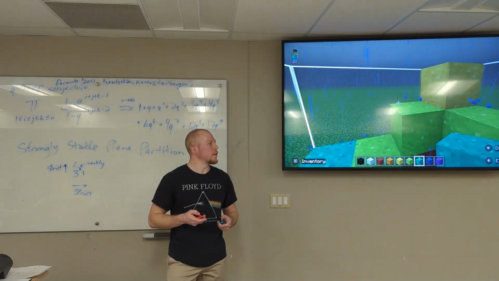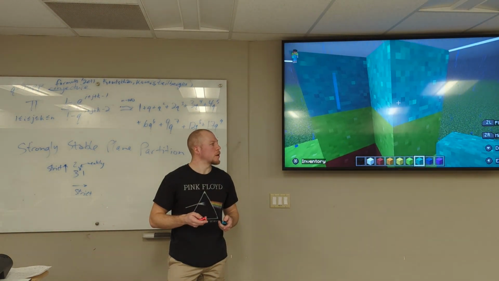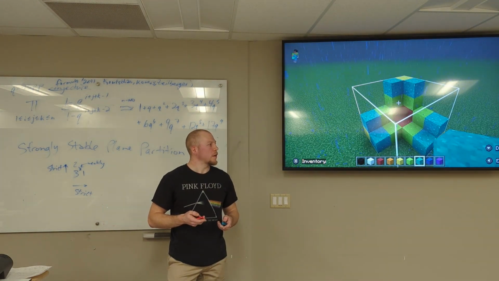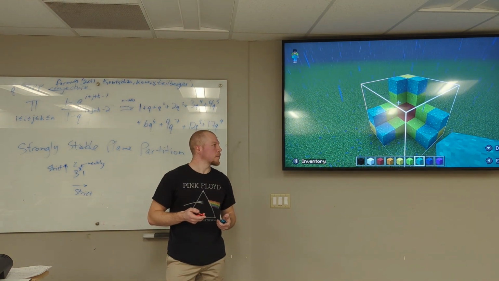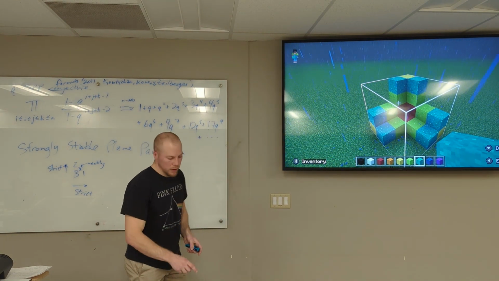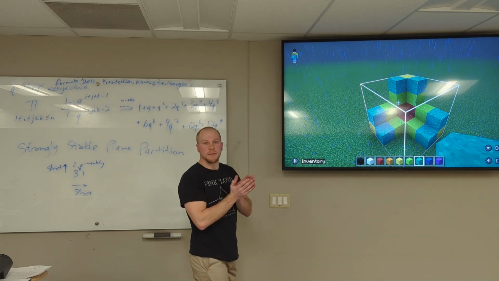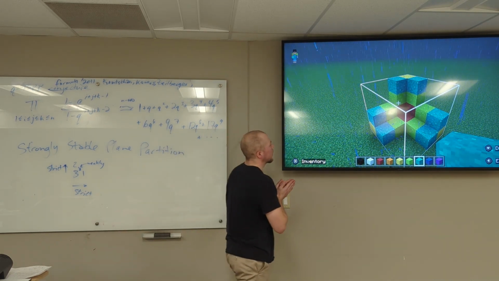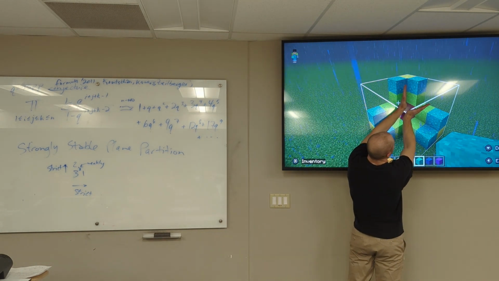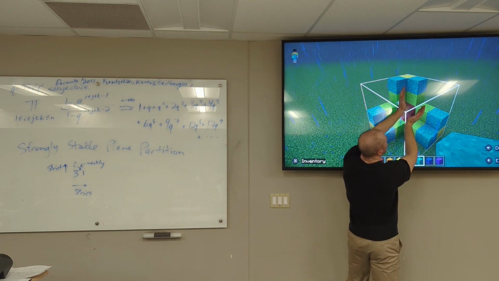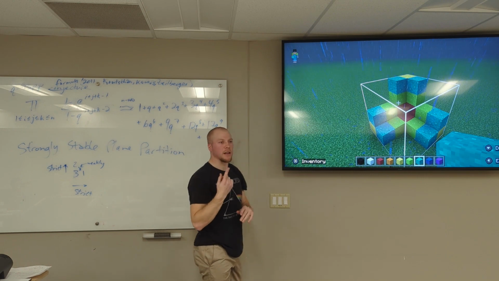And then I want to notice something about these partitions. If I zoom out here and look at this thing, it's split up into 6 pieces in a natural way, right? If I just look at this little sliver right here, all of the colors are going to show up there exactly once.